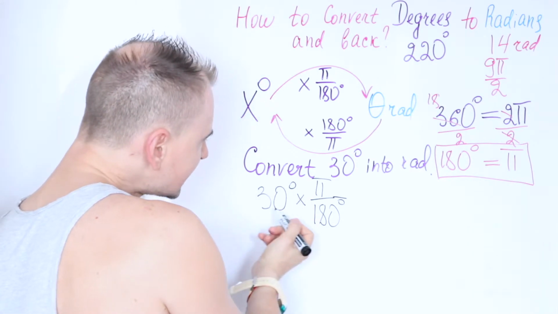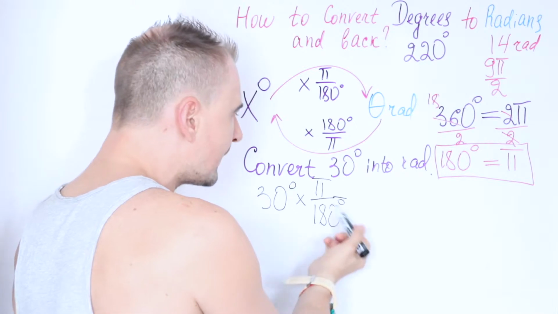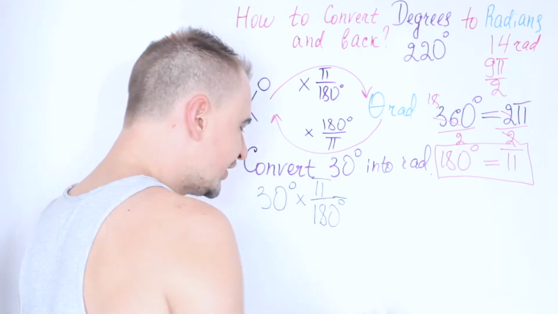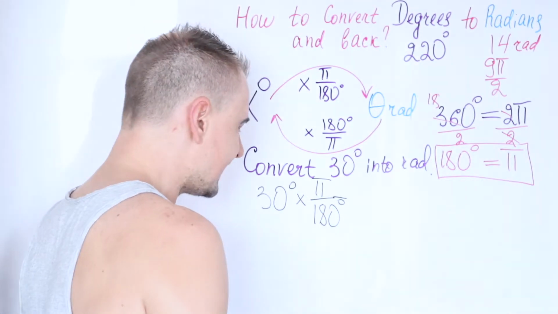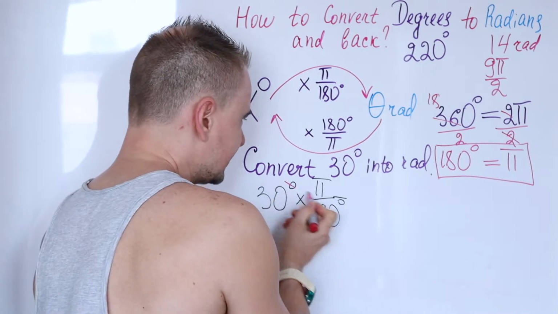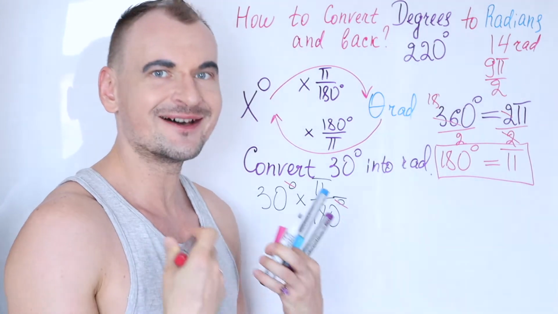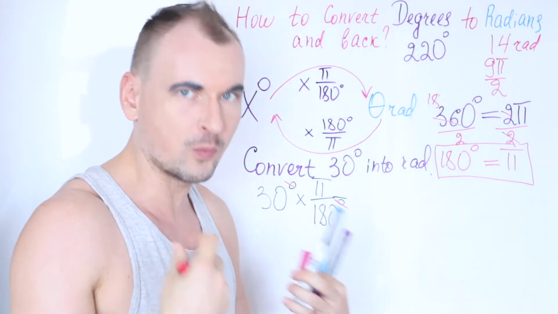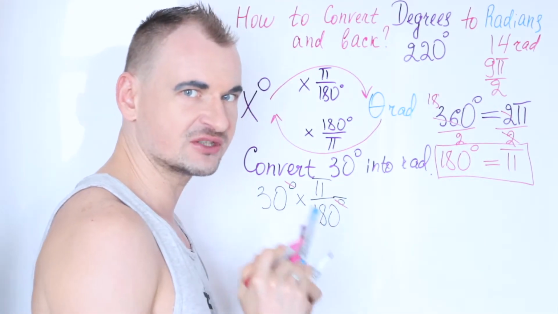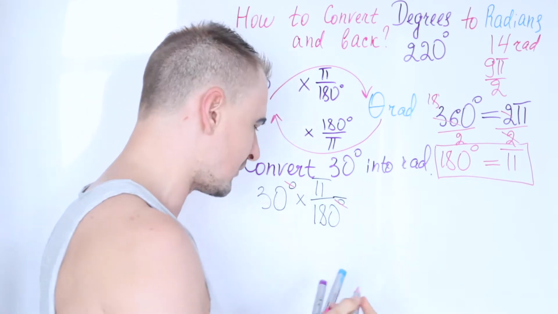Since you are given degrees, you want to put this on the bottom of your fraction in order that your degrees cancel. So this degree symbol is cancelled and you would be left with radians. That's what we want. Now, all you need to do is just simplify this fraction down. So make sure you get it in the simplest form possible.